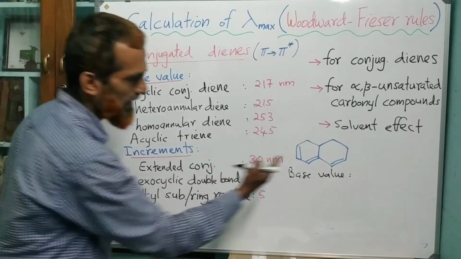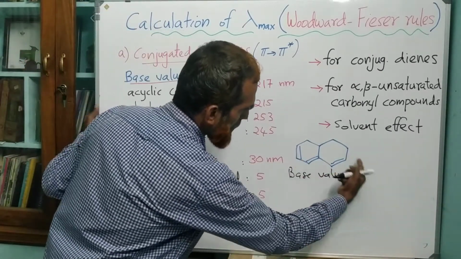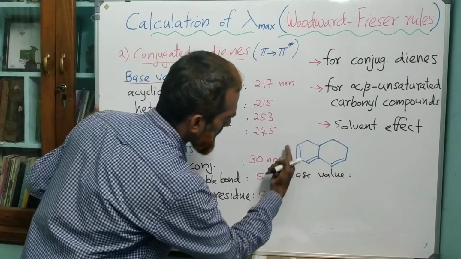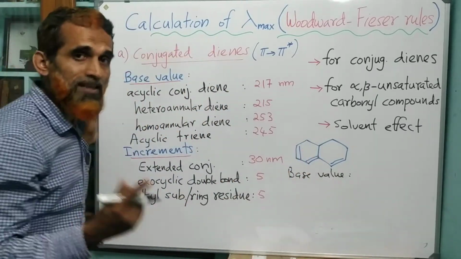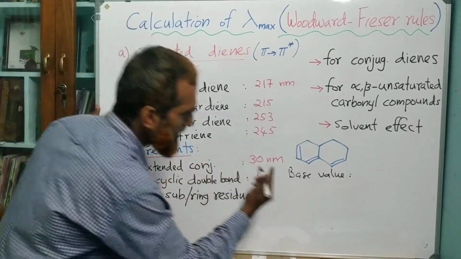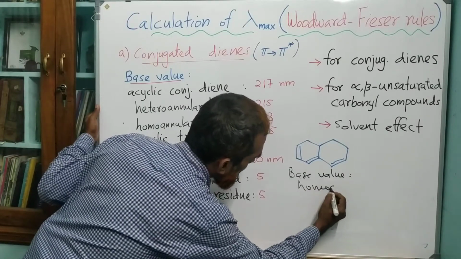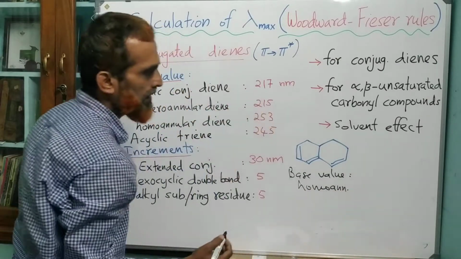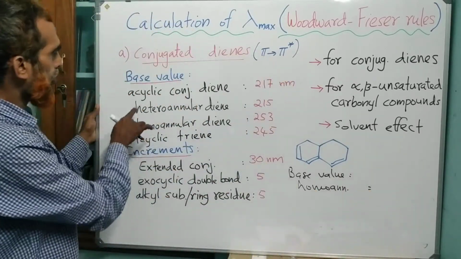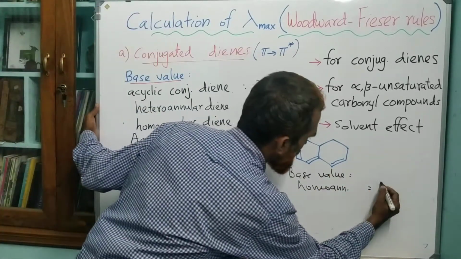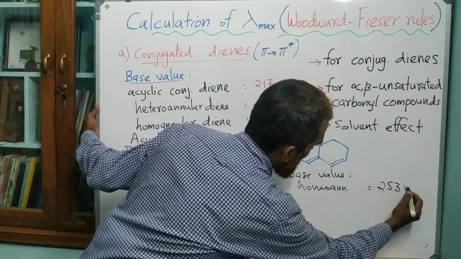Both are applicable here. If you consider this part it is heteroannular, if you consider this part it is homoannular. Always you take the larger value. So this is to be treated as a homoannular diene. So what is the base value? Homoannular, it is larger, 253 nanometer.